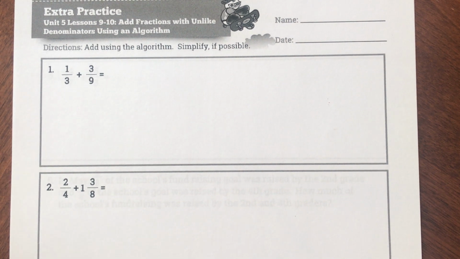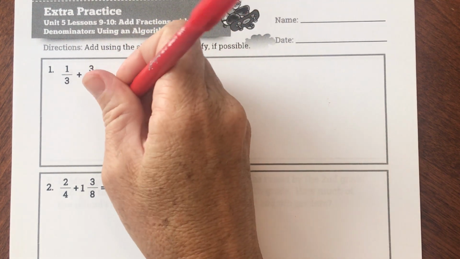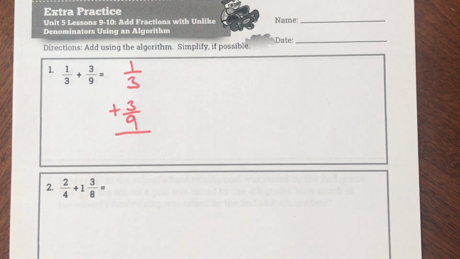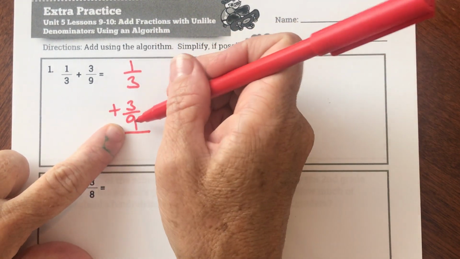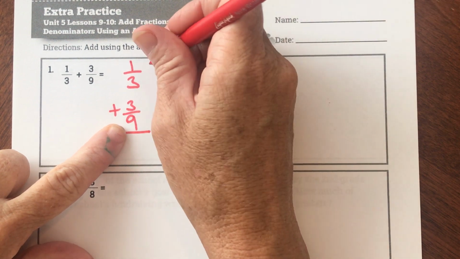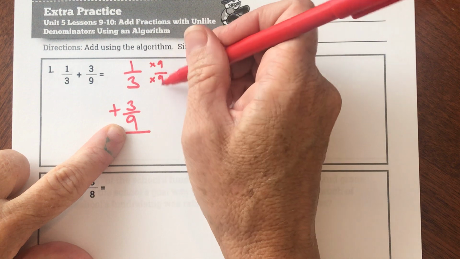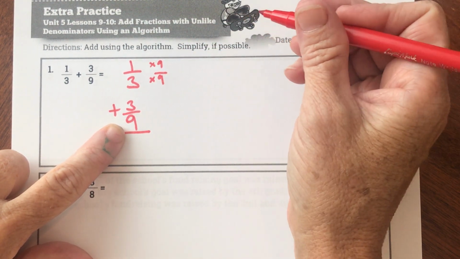Okay, so remember step 1 says I'm going to find the same denominators. So 1/3 plus 3/9. Okay, and I can't add those because they have different denominators. So because this one has a 9 denominator, I'm going to multiply the top one by 9/9. And I'm allowed to do this because 9/9 is just 1, so I'm not changing the value.